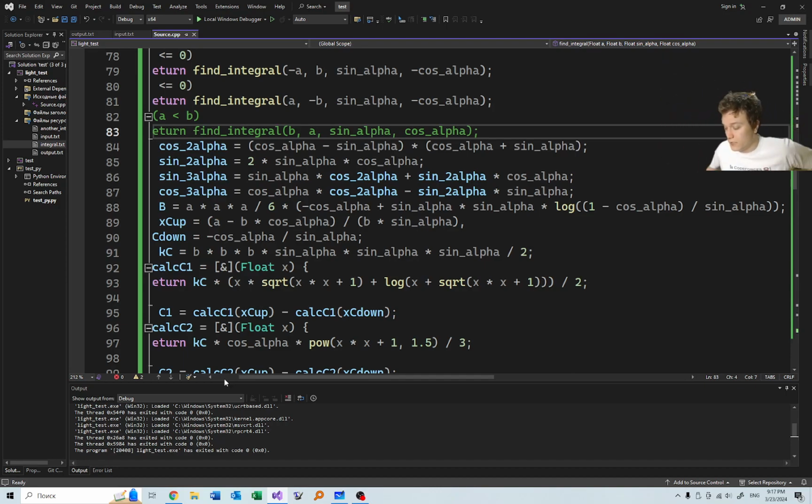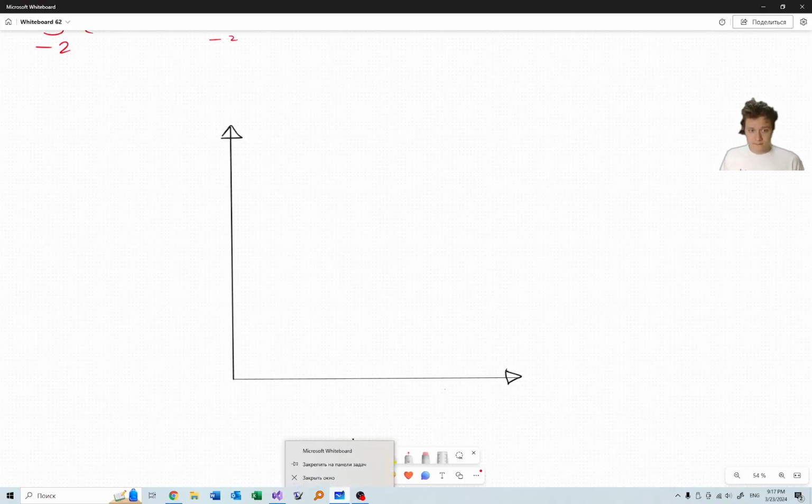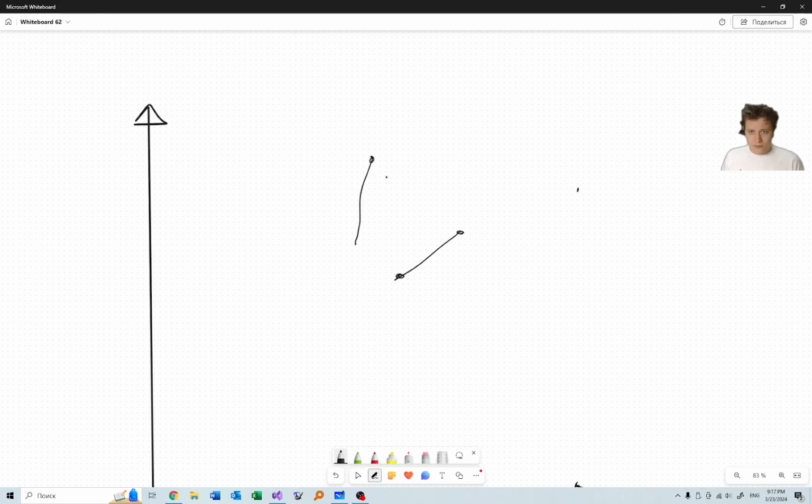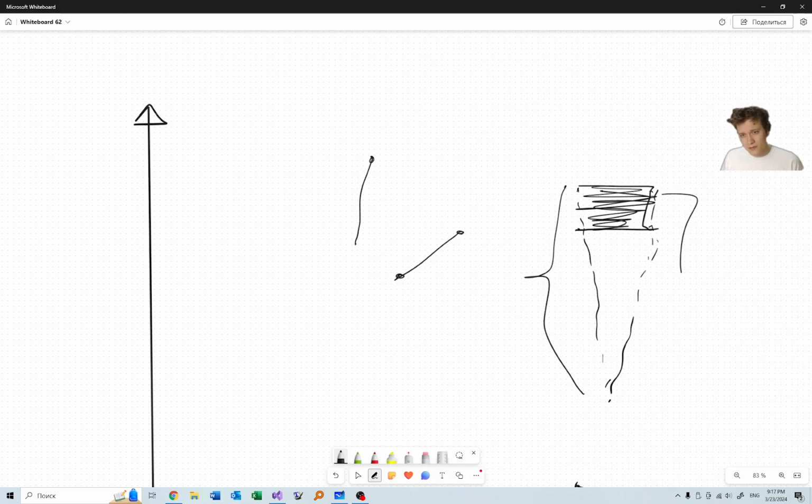Okay, I can't say what problem there is. There is the following problem. If we have two almost parallel lines, then actually we get this figure, and it can be rather small compared to this thing.